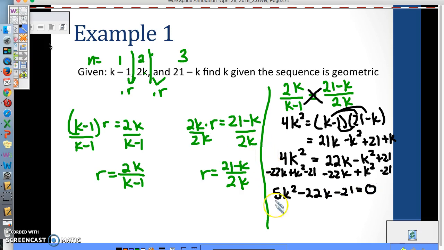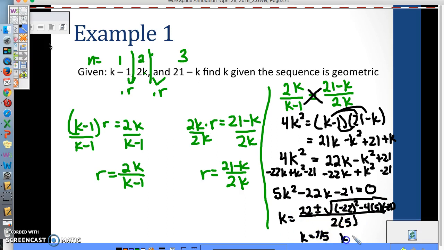And then you could do the quadratic formula. So k equals the opposite of b plus or minus the square root of b squared minus 4ac, all over 2a. And if you do this, you get two answers. k equals 7/5 and k could equal 3.